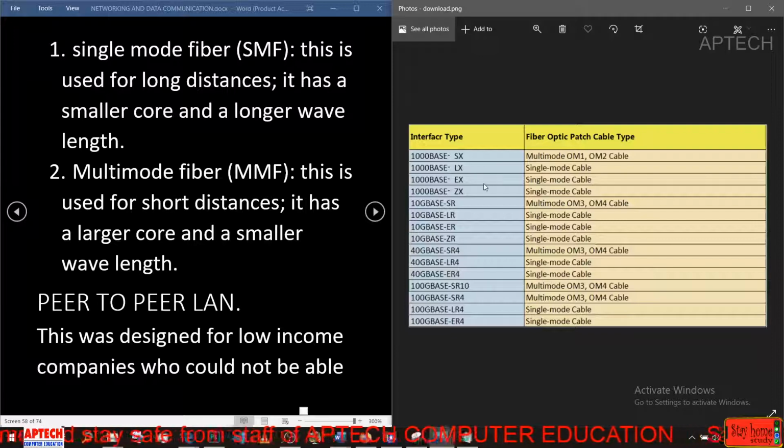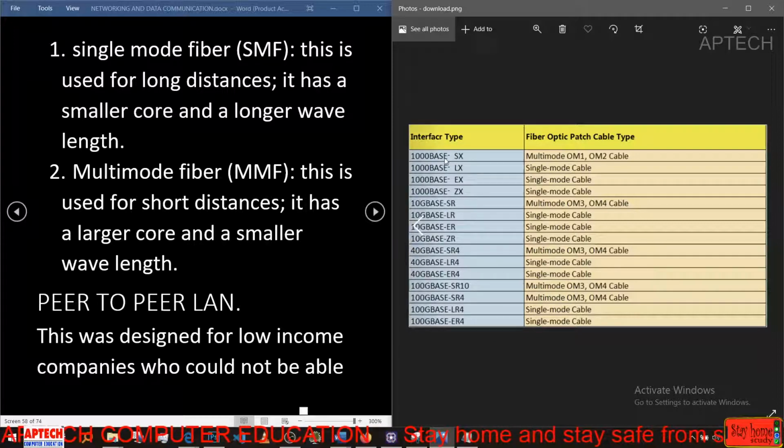For the single mode and multi-mode, one little trick I learned to differentiate between them is that wherever there is an S, that's multi-mode, but any other value here is a single mode.